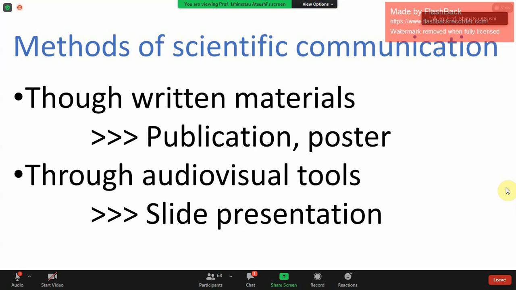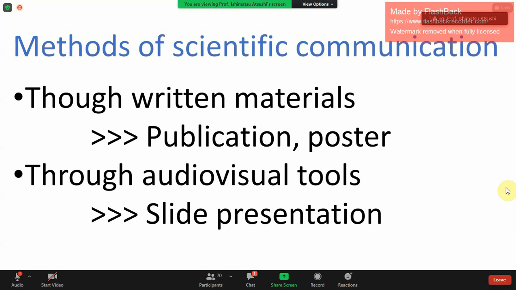In addition to written materials, the other very important method is transmitting the messages through audiovisual tools or aids, particularly these days, PowerPoint presentation.